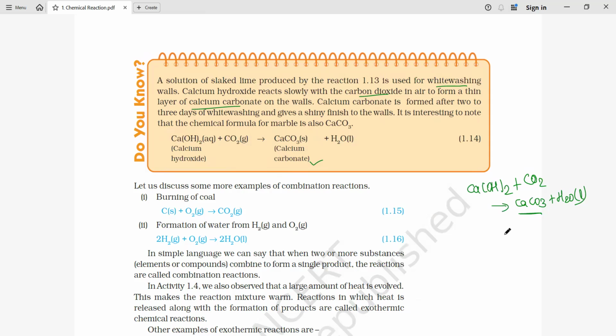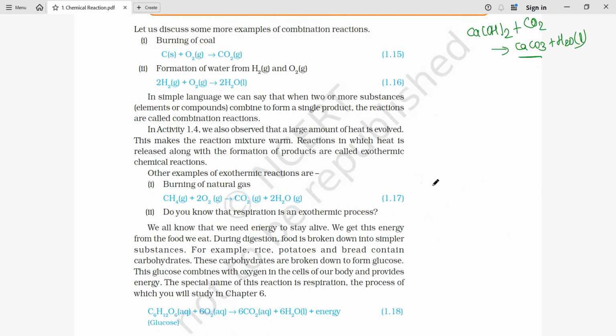So क्या हुआ? Slaked lime reacts with carbon dioxide in 2-3 days. फिर ये क्या बनाएगा? Calcium carbonate and water. So finally, calcium carbonate is going to provide a shiny surface. Some more examples we have for the combination reaction.